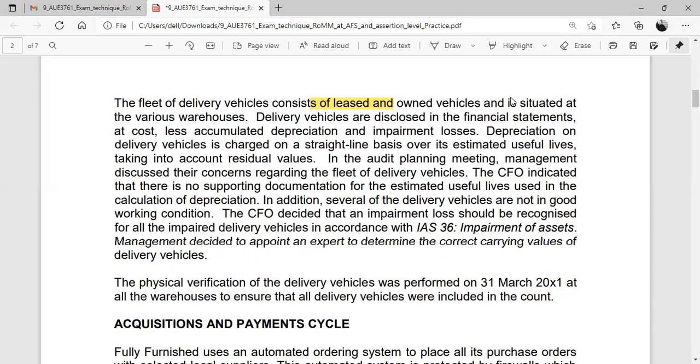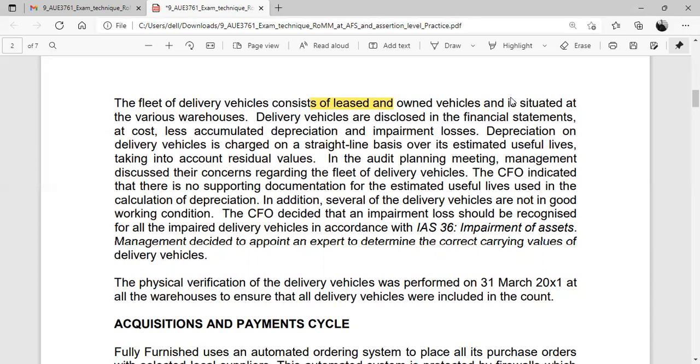Since they're talking about leased vehicles, there is a risk that the finance lease vehicles are not capitalized as assets and the operating lease are capitalized as assets. Yeah, absolutely.